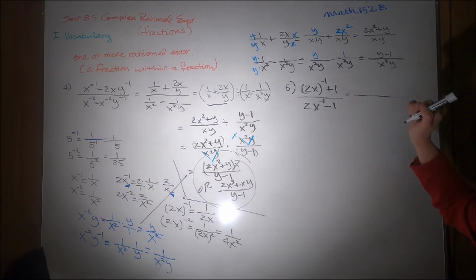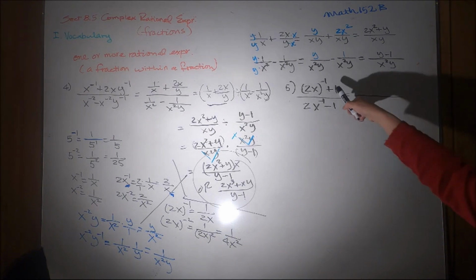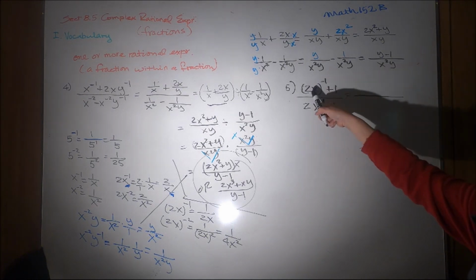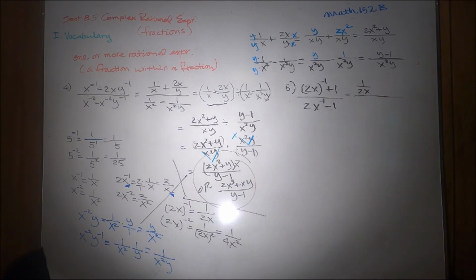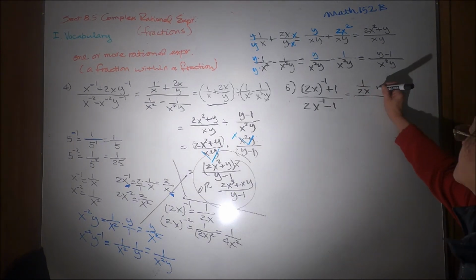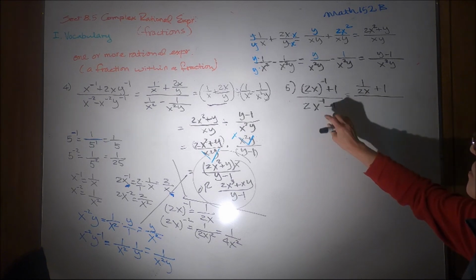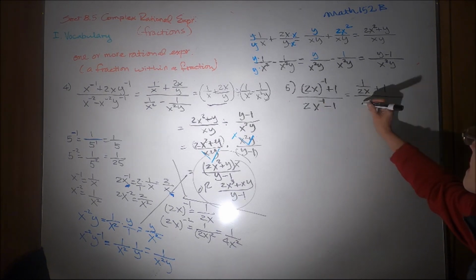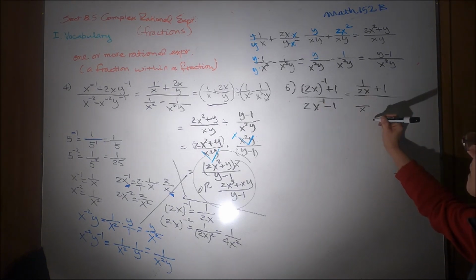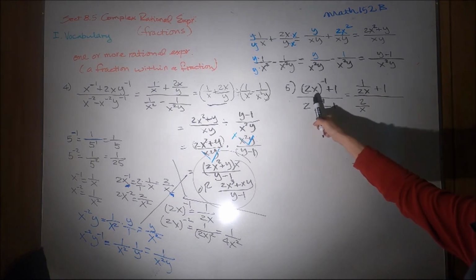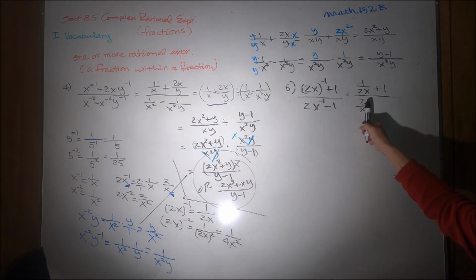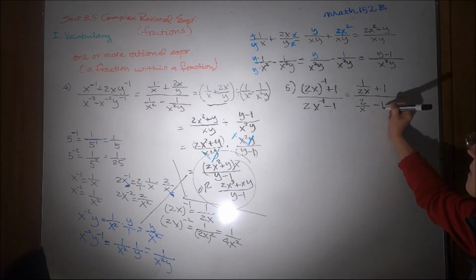So we write them in fraction form. For this one, 2x negative 1, that would be what? 1 over the whole thing, right? 2x plus 1. And this one, only x has negative 1, so x should move to the denominator position. 2 has no negative exponent. It should stay in the numerator position, right?